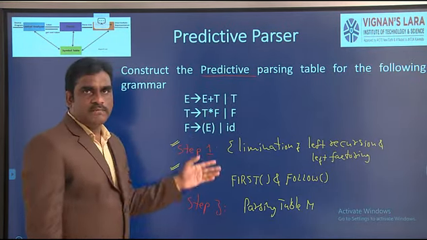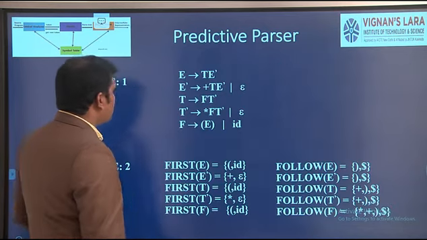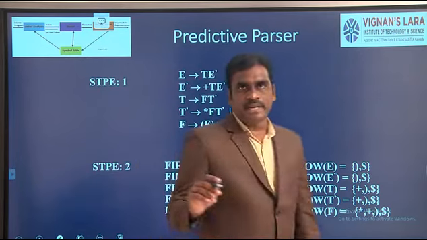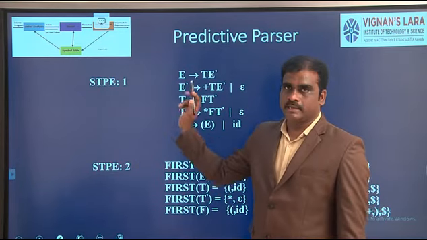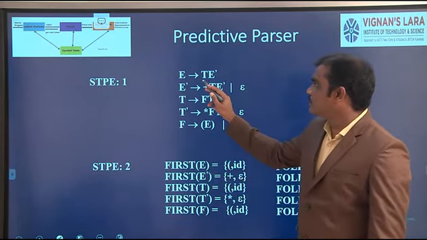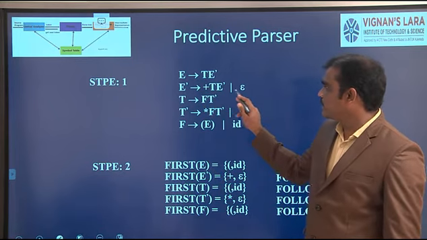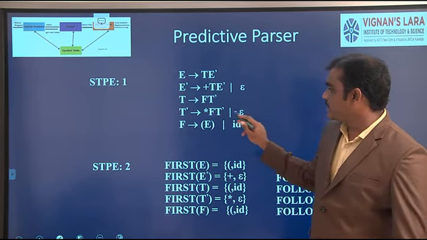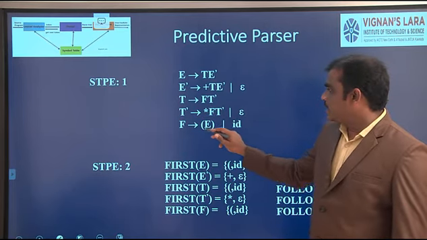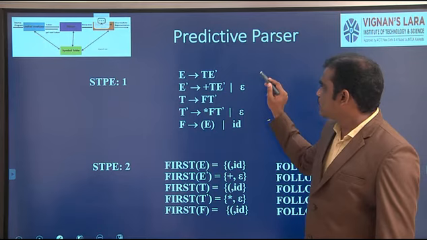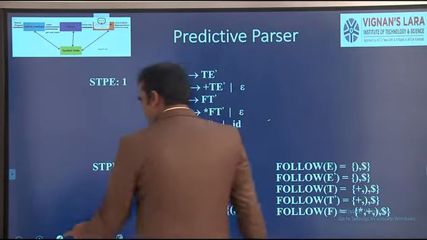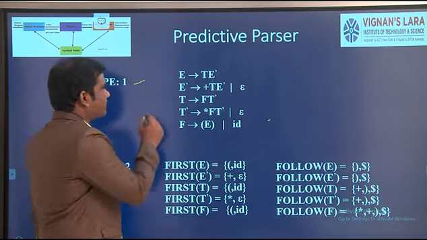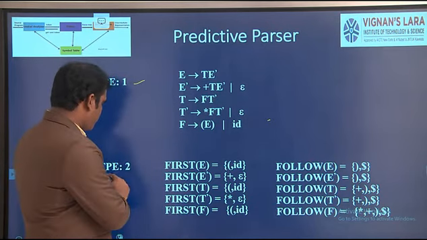After elimination of left recursion, this is the resultant grammar: E to T E dash, E dash to plus T E dash or epsilon, T to F T dash, T dash to star F T dash or epsilon, and then F to open parenthesis E closed parenthesis or id. So this is step 1.